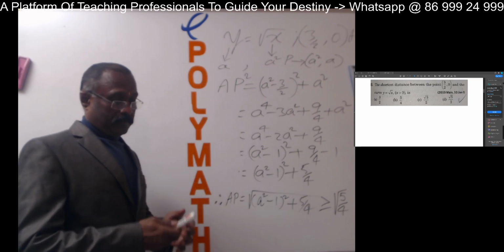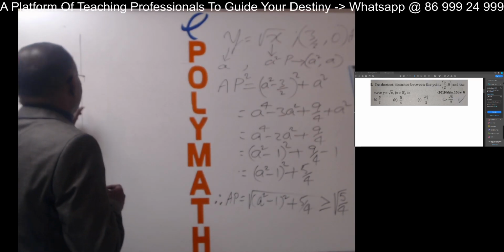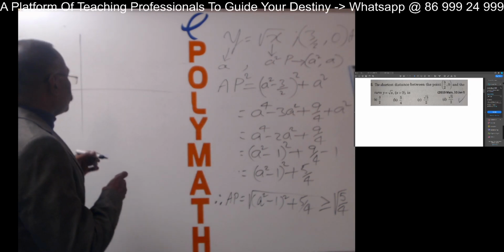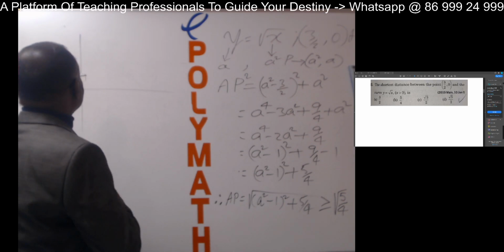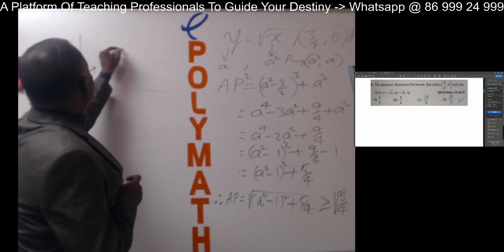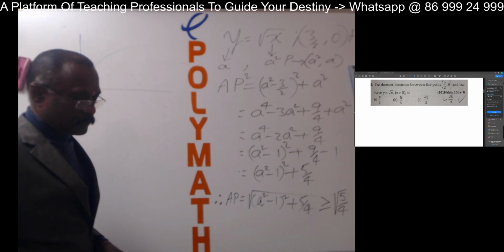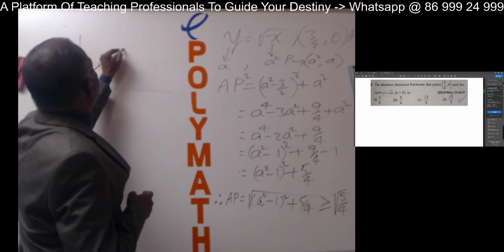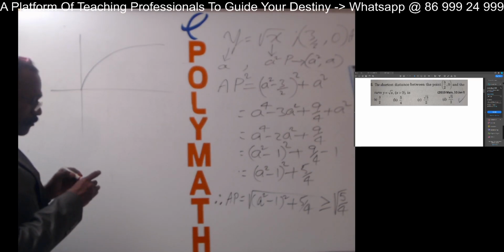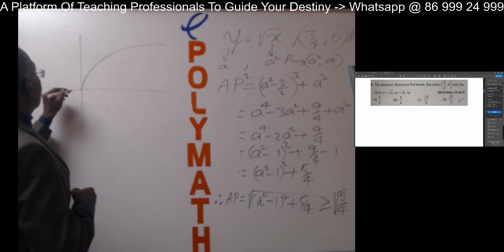If you draw this now, how will it be? The curve is y is equal to root x. It is like this. Here is ours.